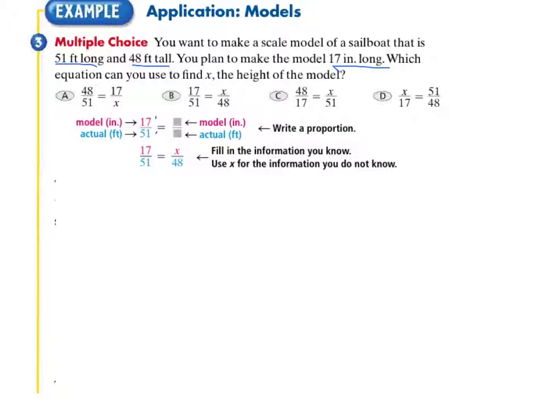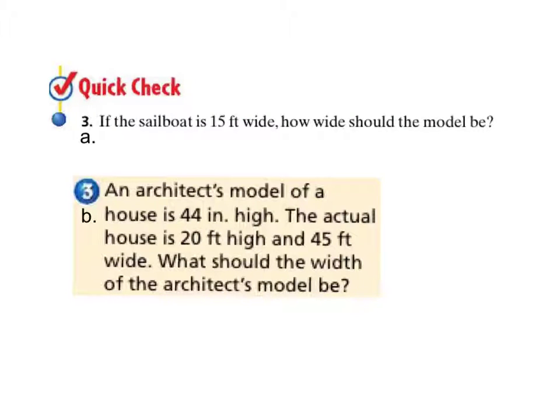So this is our proportion for this problem. 17 over 51 equals x over 48. So the correct choice is B because that's the one that matches the proportion that we've set up. Pause the video and do these two in your notebook.